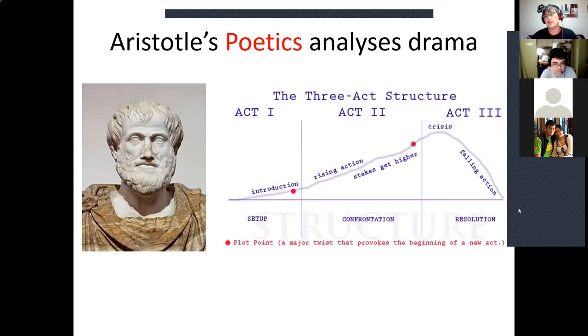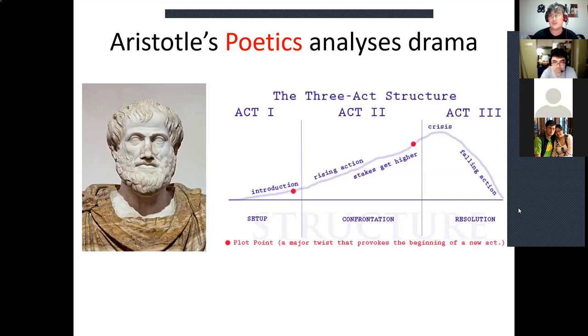Act one is your introduction and setup. Act two is the rising action that raises the stakes somehow, that culminates in a confrontation, leading to Act three, the crisis, and then things wind down as resolution sets in and everything gets resolved. Now, remember what we discussed about characters, that you wind up with two main ones in any story.